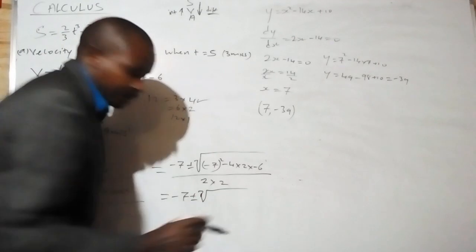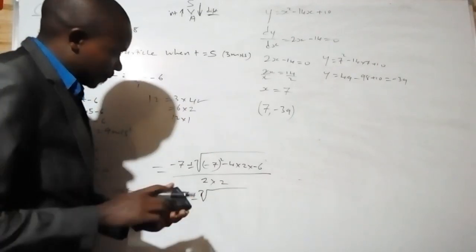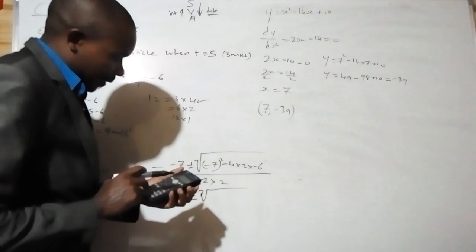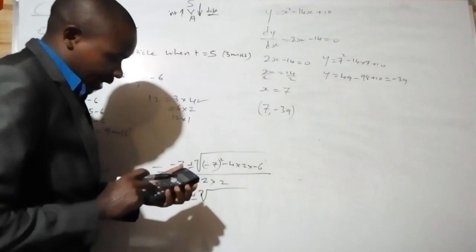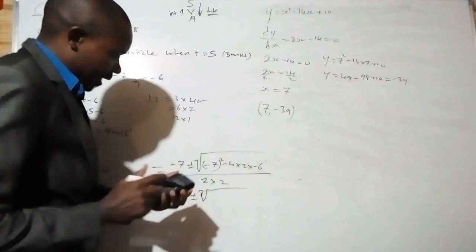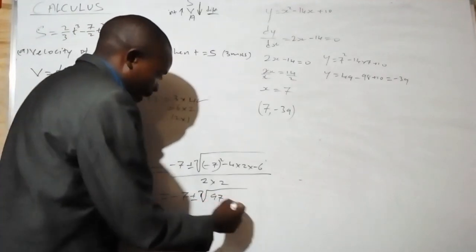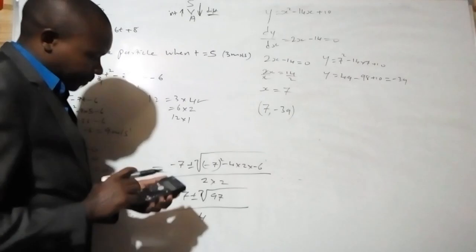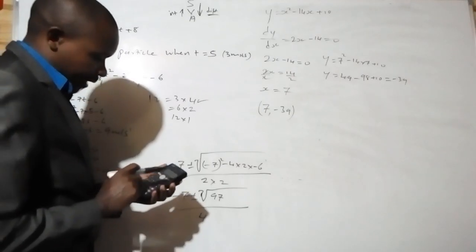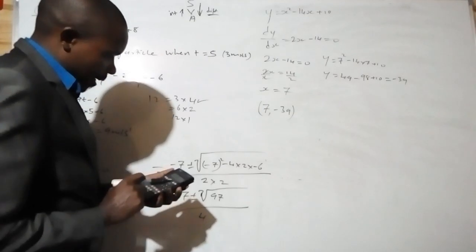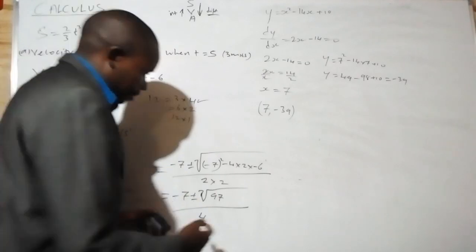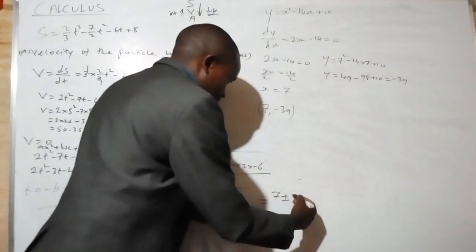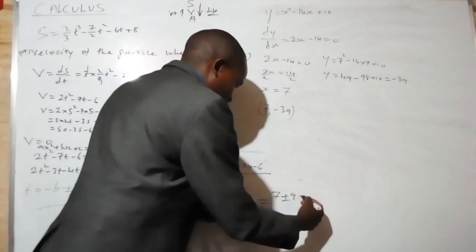So that you can have negative 7 plus or minus root 49 plus 8 times 6, 97, all over 4. To get root 97, to have 7 plus or minus 9.84 all over 4.